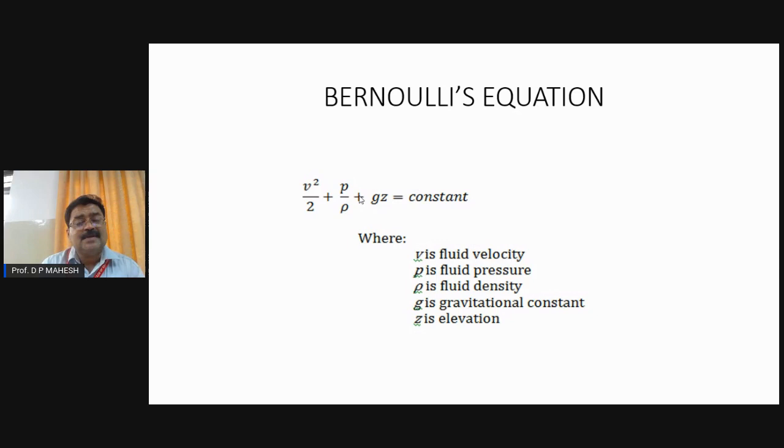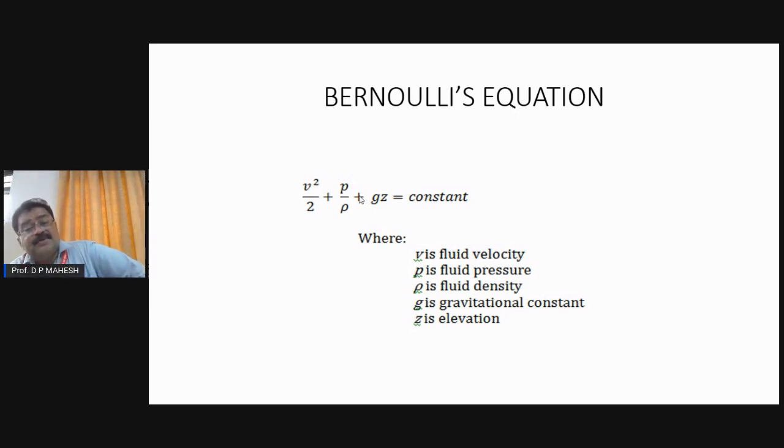The energy at one section will not be the same at some other section. That will be the same only when the fluid is considered to be ideal. In the case of real fluids, the liquid loses energy from time to time in the flowing direction. And this is a very popular formula for finding the unknowns. Normally, the unknown is the loss of head. The liquid loses energy, and that energy is called loss of head.